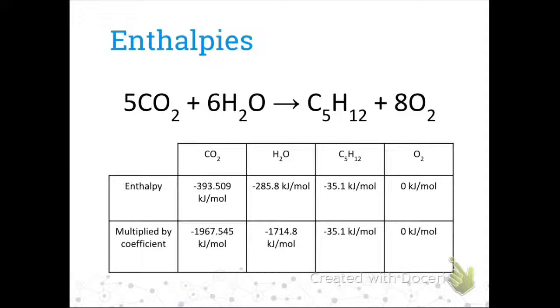Then we look at the enthalpy of water and multiply it by 6 and get negative 1714.8 kilojoules per mole. For pentane, we multiply negative 35.1 times 1 and get negative 35.1 again because there is no coefficient, which means there is an invisible 1 in front of it. Finally, since oxygen has an enthalpy of 0, when multiplied by 8, it equals 0.